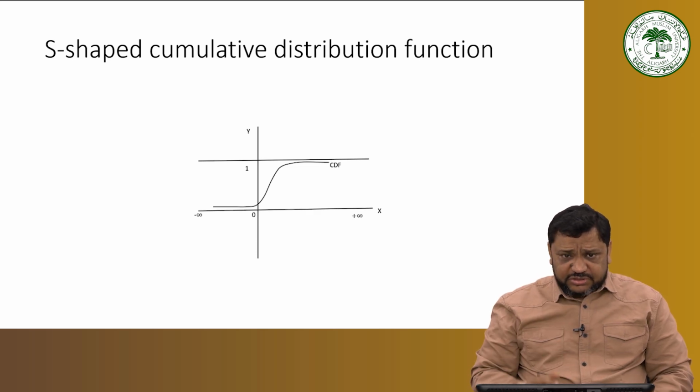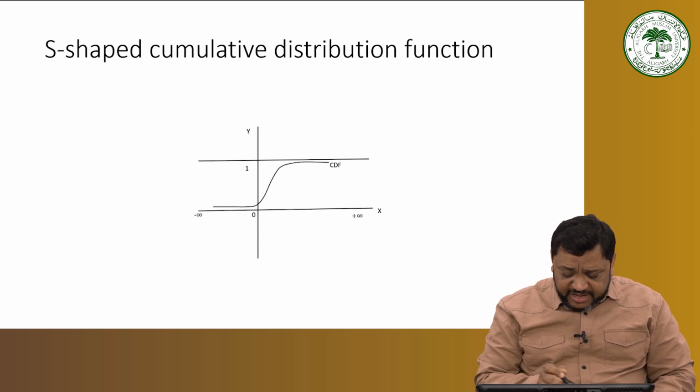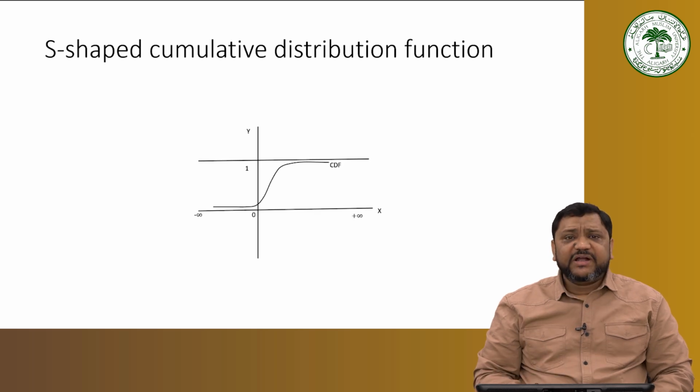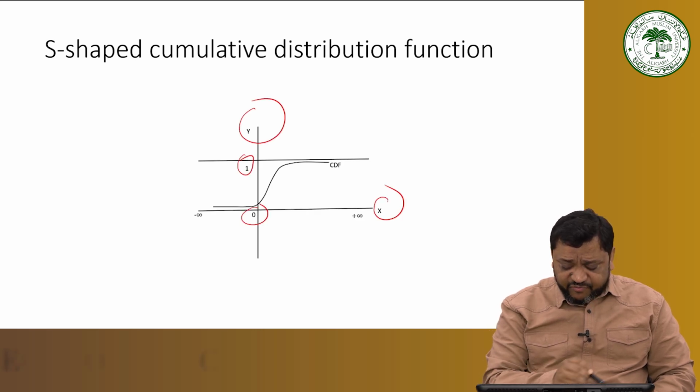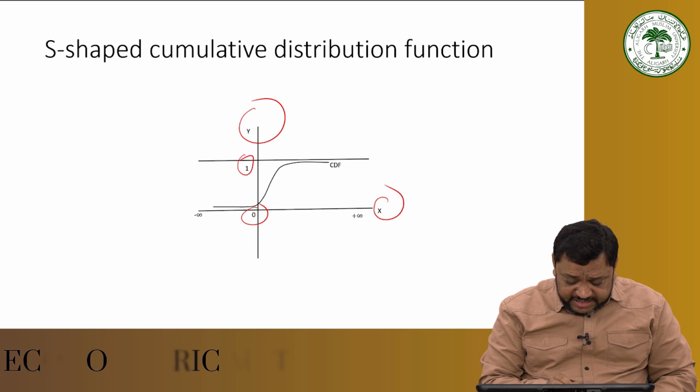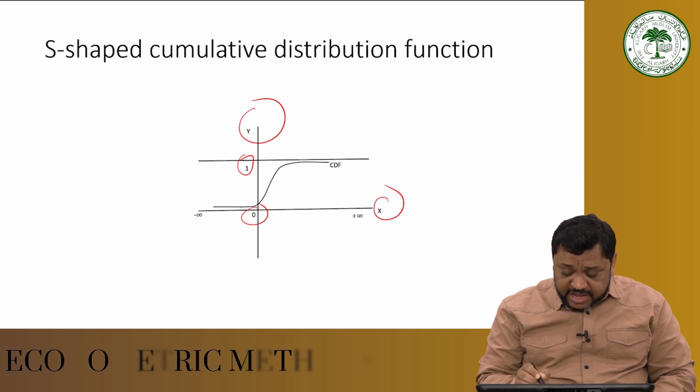As a solution to this, we can have a cumulative distribution function. Here it is 0, here it is 1, we have x on one axis and y on the other. Two things are to be seen.